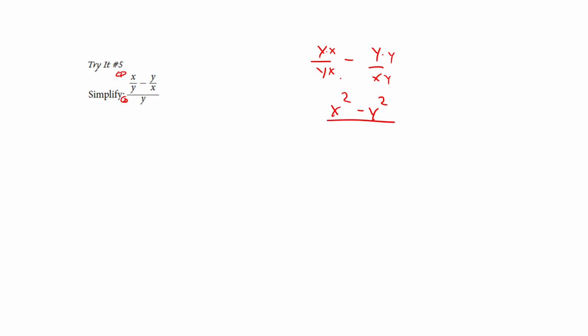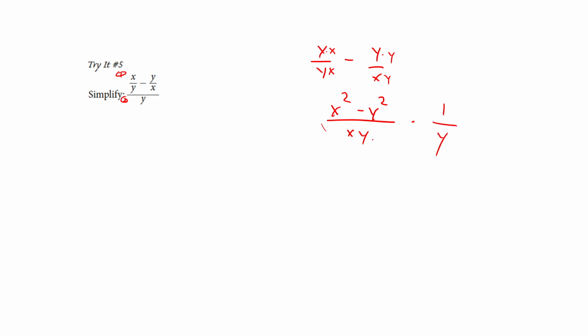It doesn't matter, these are the same denominator. It doesn't matter the order you multiply. So over xy. Okay, that's the top. I've simplified it. Now usually you'll have one on the bottom you have to do too, but there's nothing to do here. So I have this being divided by y. We'll keep, change, and flip the y upside down.